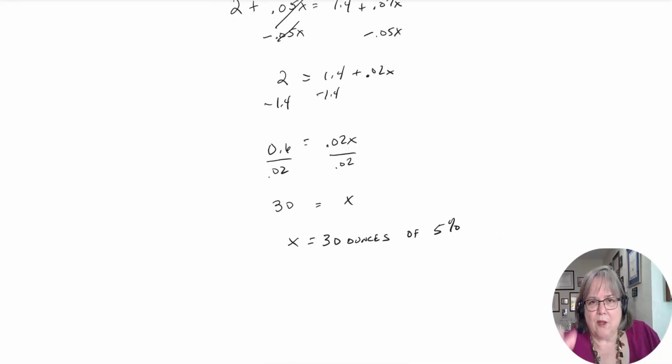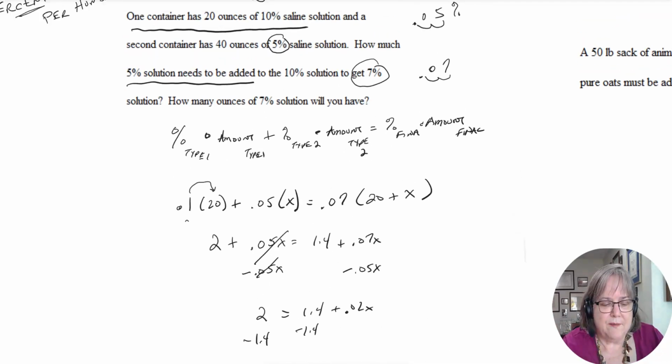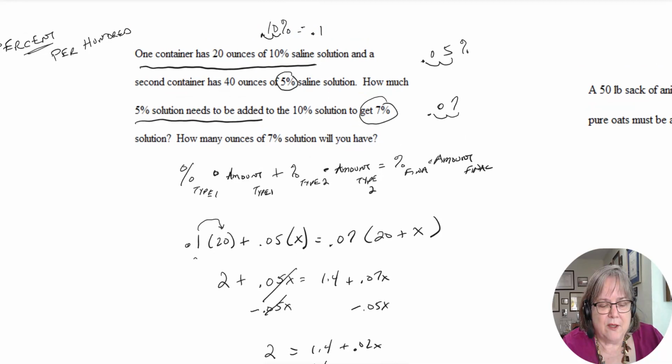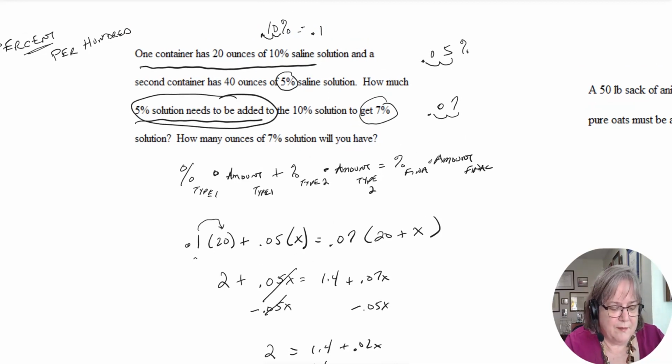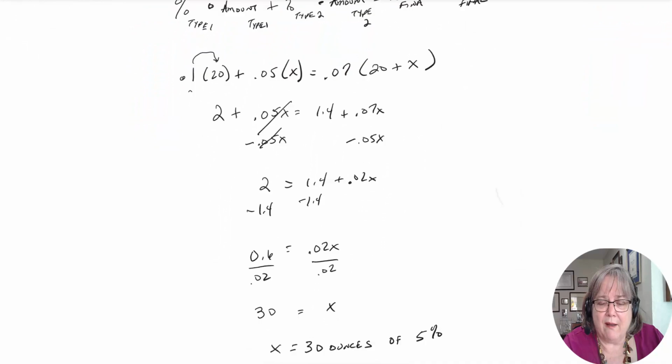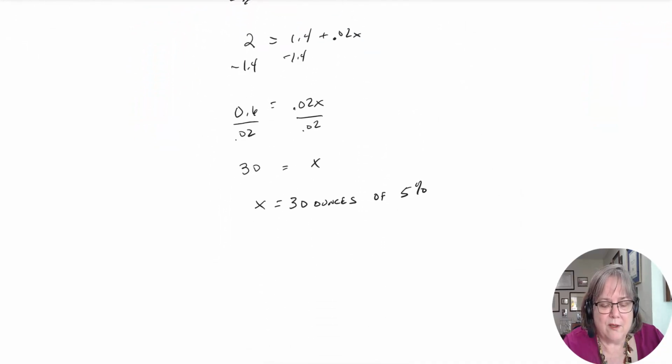Now remember, we started out with 20 ounces, right? And the question says, how much 5% solution needs to be added? Okay, I did that. I have to add 30 ounces. How many ounces of the 7% will you then have? Well, I started off with 20, right?